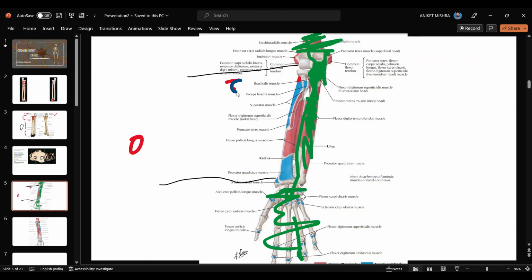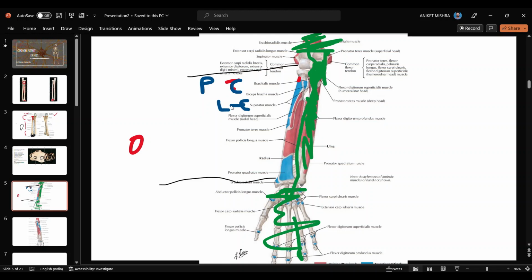The biceps brachii inserts at the posterior surface, while the supinator muscle is inserted onto the upper part of the lateral surface. So the supinator muscle inserts at the upper end of the lateral surface of the radius.